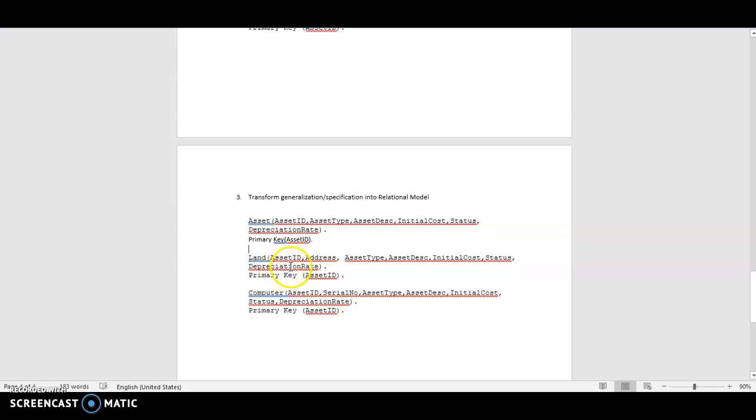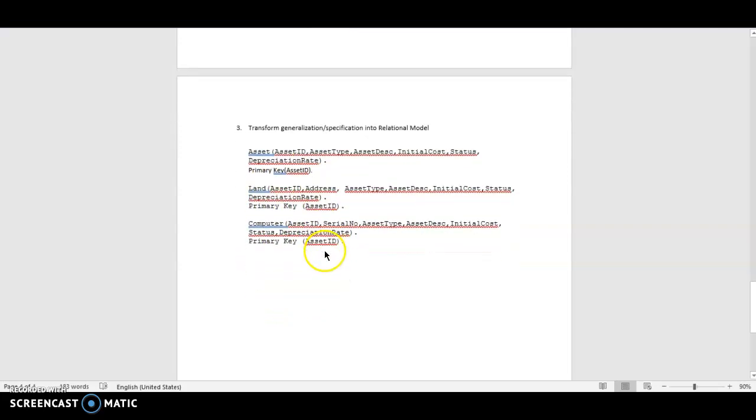Here I include the asset attribute into the land and computer. So this is the generalization of the land and computer. So I think that's all from me.